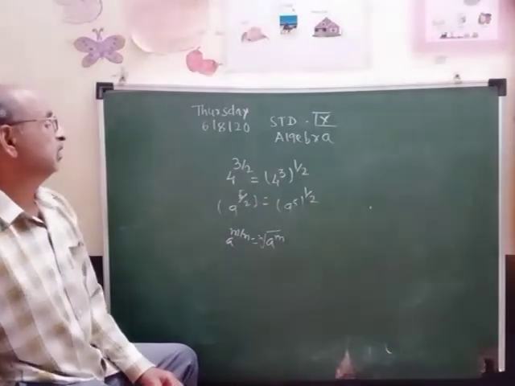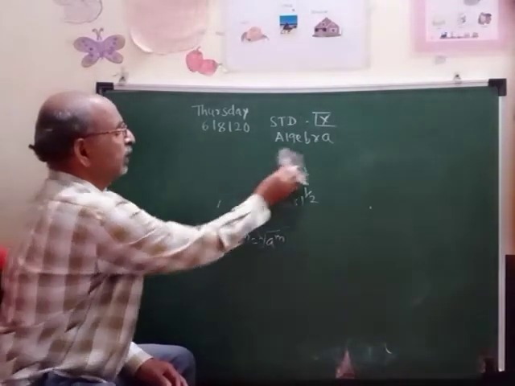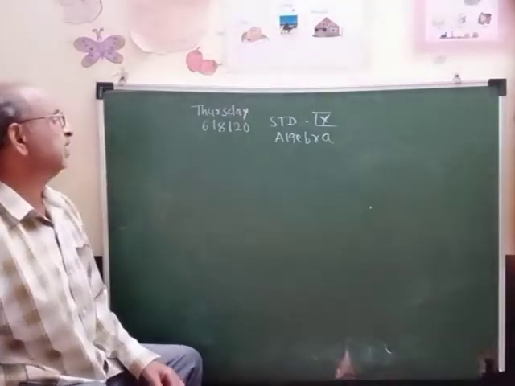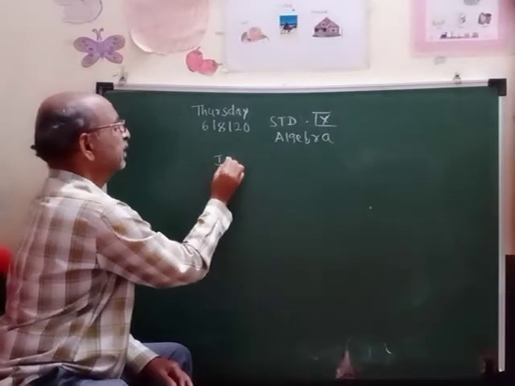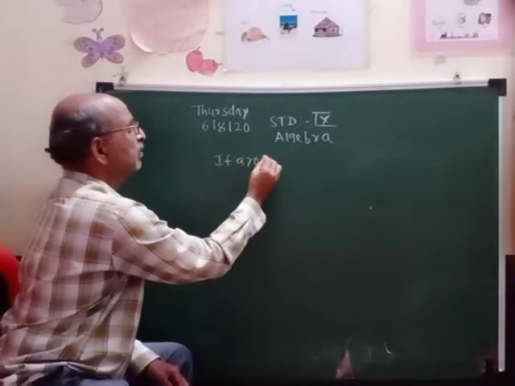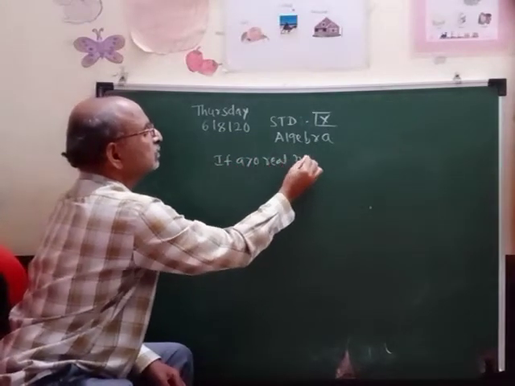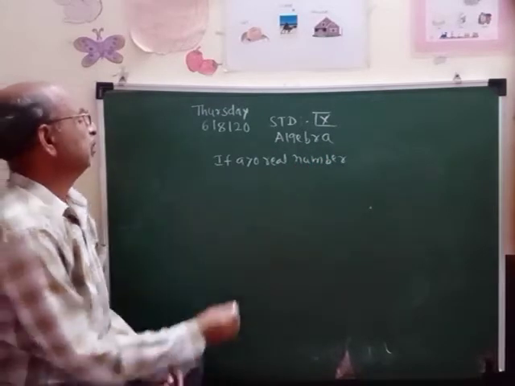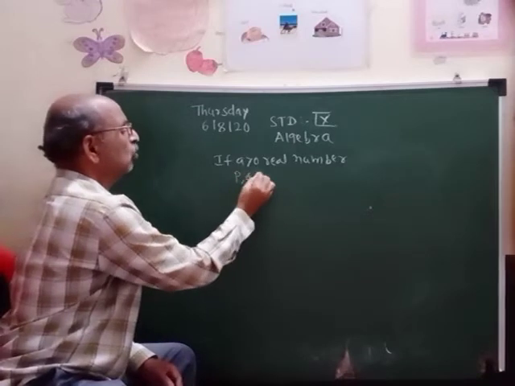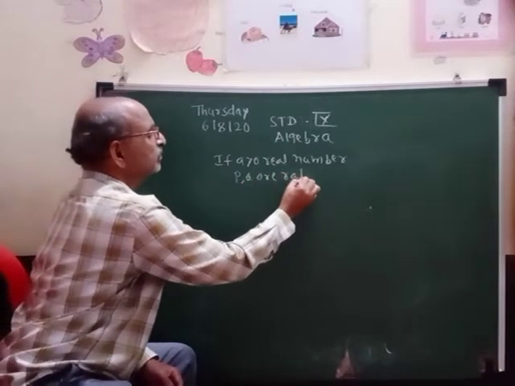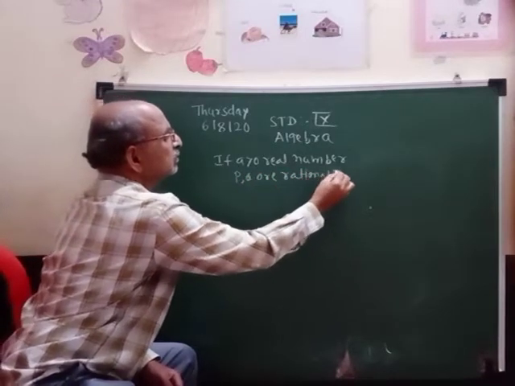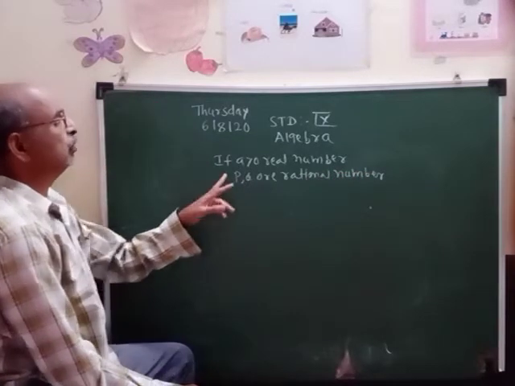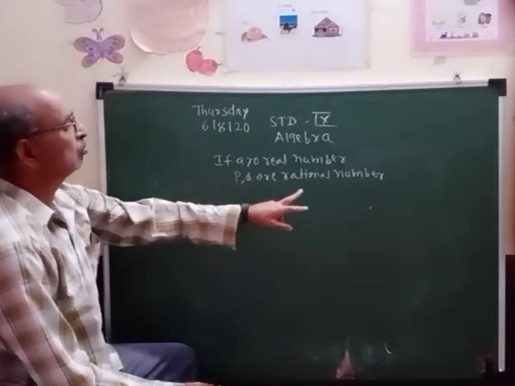Now we see the rules of exponent, which we already studied in the 7th and 8th standard, also called indices. If a is greater than 0, a real number, and p and q are rational numbers, then we write the laws of exponent.